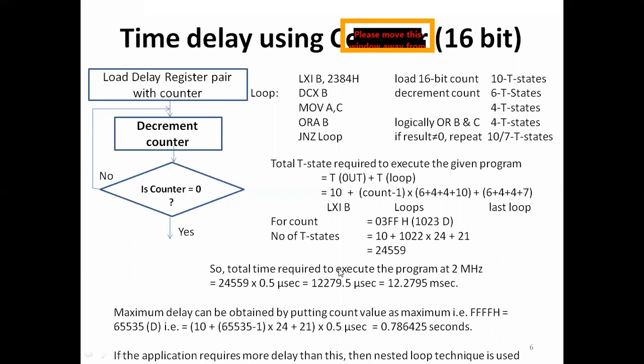So the total time required to execute this particular program, if the operating frequency is 2 megahertz, will be 24559 multiplied by 0.5 microsecond. That will come around 12,279.5 microseconds, which is equal to 12.27 milliseconds.